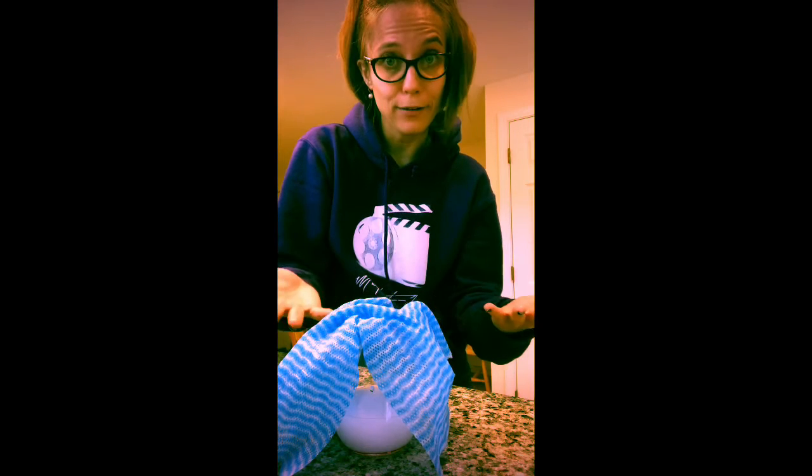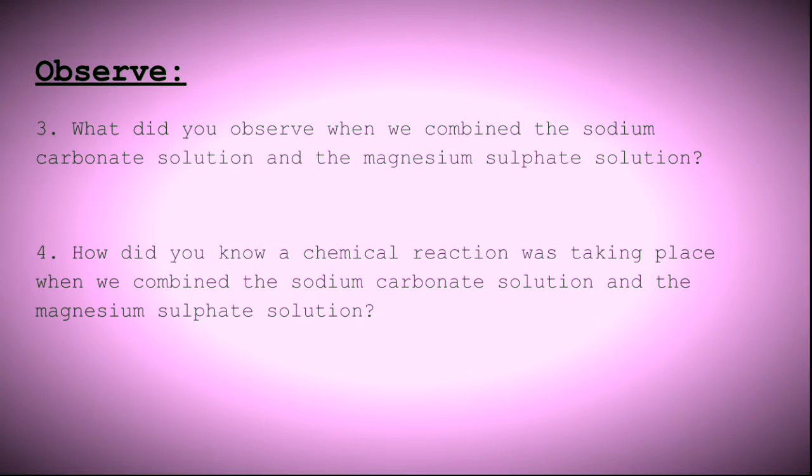Okay, so we did form a precipitate. Take a moment to answer these questions either in your head or on a piece of scrap paper. What did you observe when we combined the sodium carbonate solution with the magnesium sulfate solution? How did you know a chemical reaction was taking place?